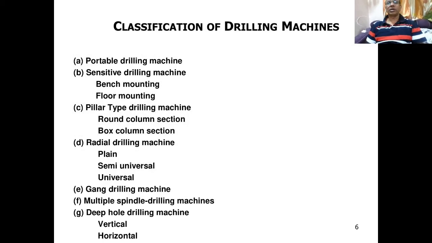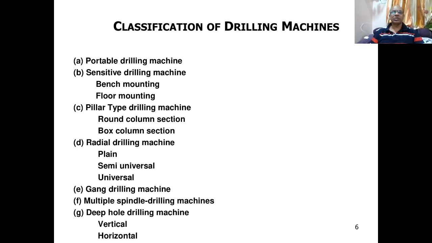Now let's see the classification of drilling machines. We have different classifications of drilling machine. The first classification is the portable drilling machine. Second is the sensitive drilling machine. Under the sensitive drilling machine, we have bench mounting and floor mounting. The third category is the pillar type drilling machine, which we have just seen in the previous slide, with a round column section or a box column section.